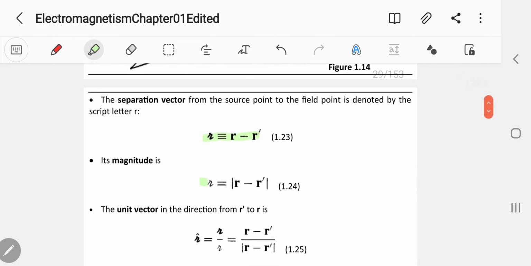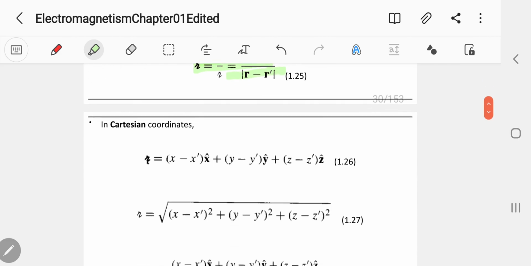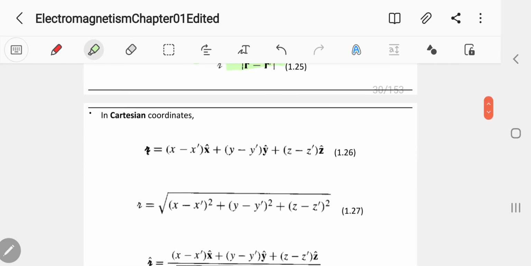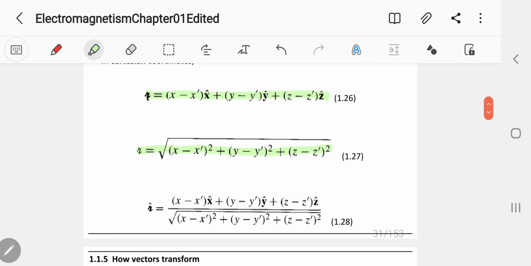So the magnitude would just be this one, and the unit vector would be this. So in Cartesian coordinates, you will have the script r like this, and of course the magnitude would be that one, and then the unit vector would be this one here.